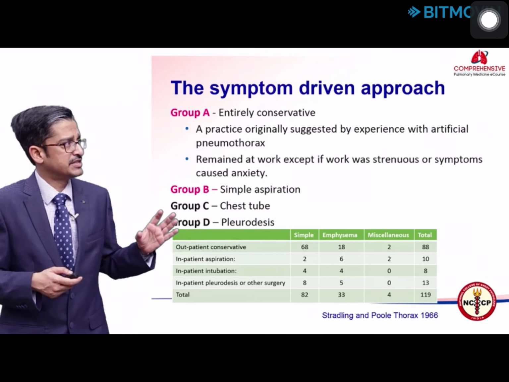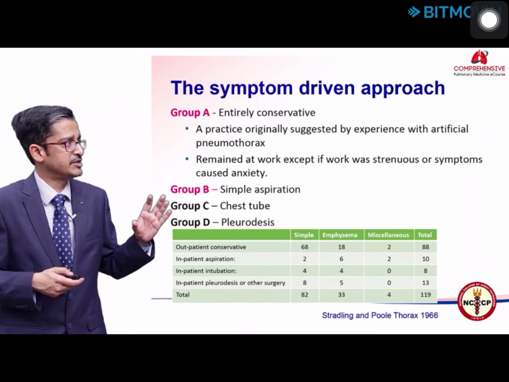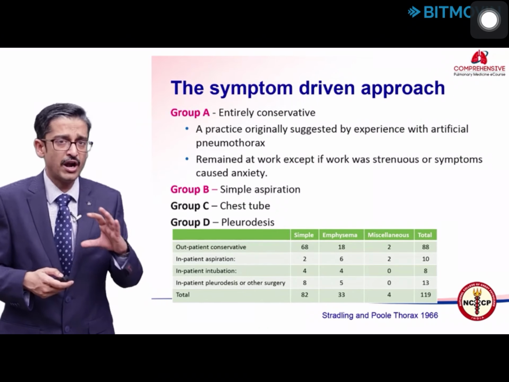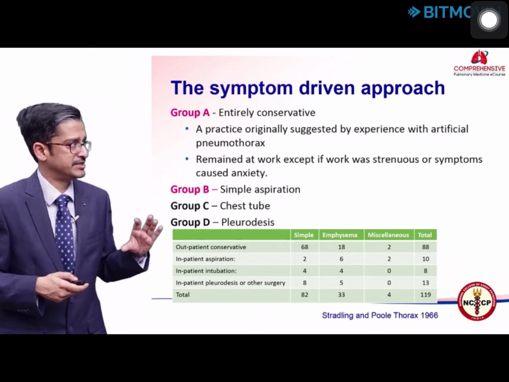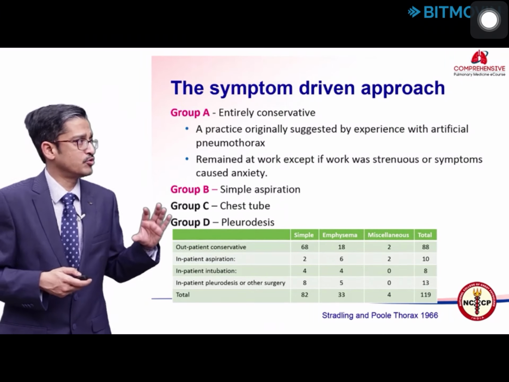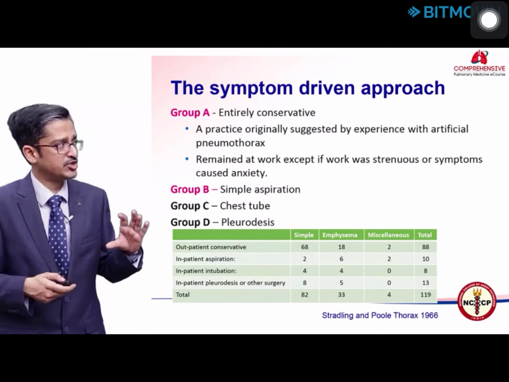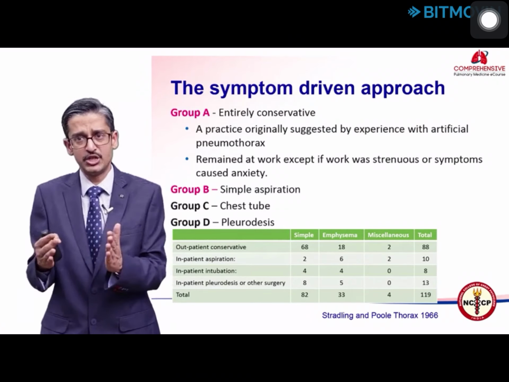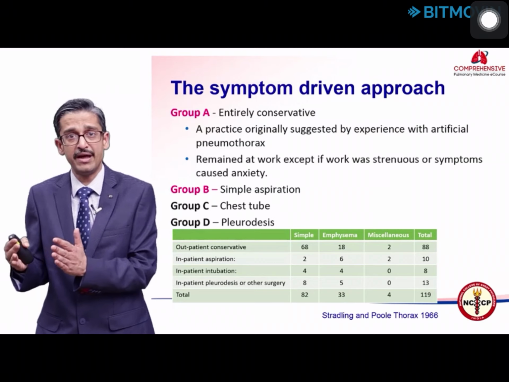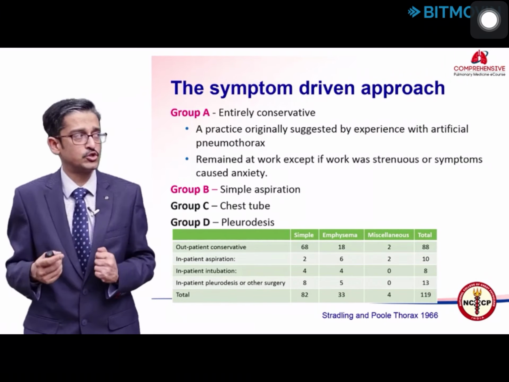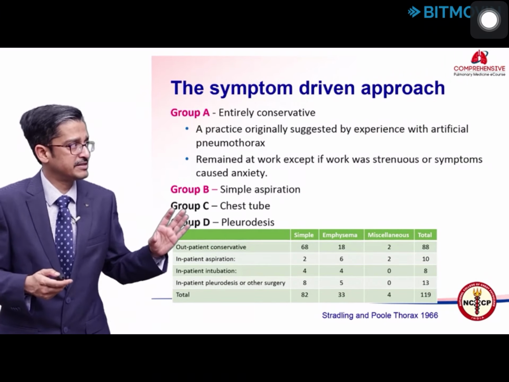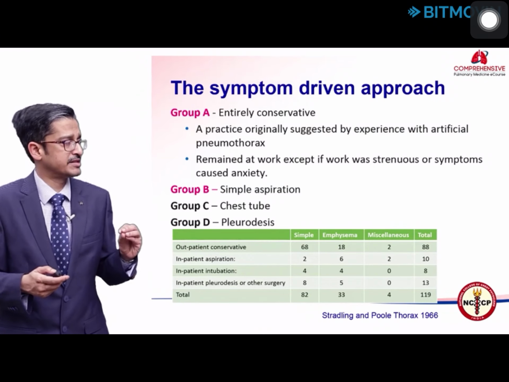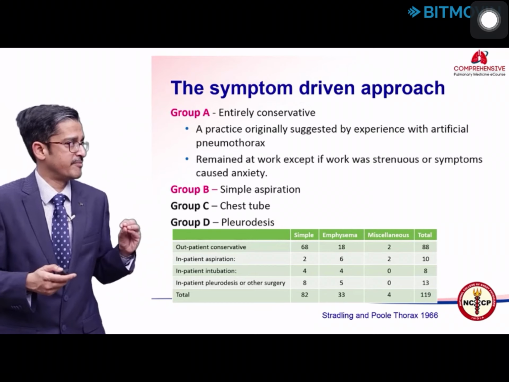So this symptom-driven approach divides the patients into 4 different groups. In group A, you are managing these patients conservatively. This is a practice originally suggested by experience with artificial pneumothorax. The understanding is that if artificial pneumothoraces did not cause a lot of respiratory embarrassment, why would a small pneumothorax do that? So this is practice-driven experience based on artificial pneumothoraces, and you're doing a conservative management.